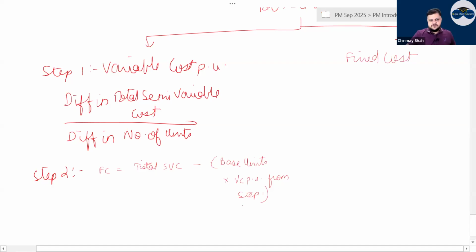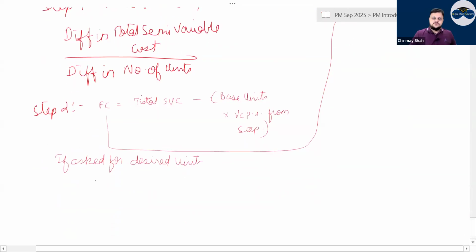Fixed cost you take from here. If asked for desired units, then desired units into variable cost per unit, and then fixed cost from step 2, plus the step 2 fixed cost, will give you total semi-variable cost.